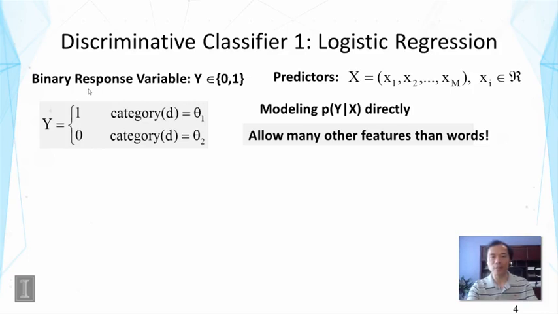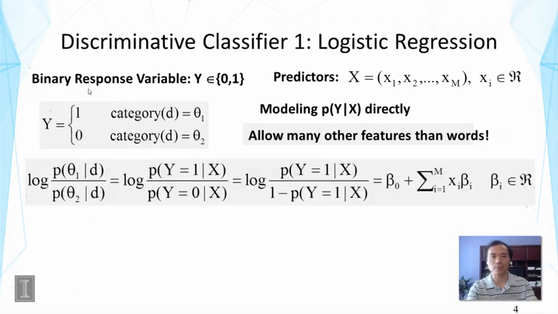And another advantage of this kind of approach is that it would allow many other features than words to be used in this vector. Since we're not modeling the generation of this vector, we can plug in any signals that we want. So this is potentially an advantage for doing text categorization.